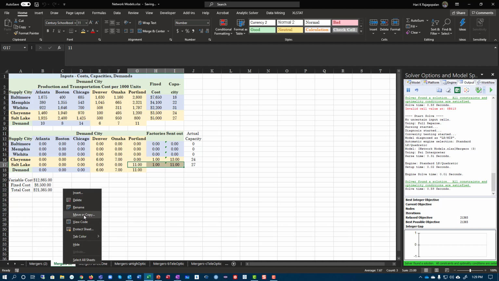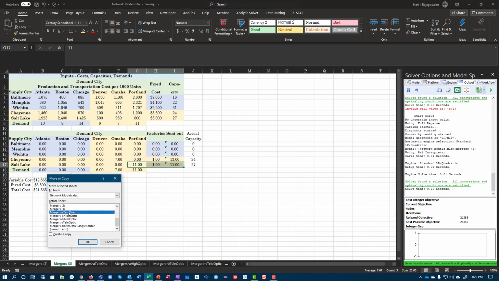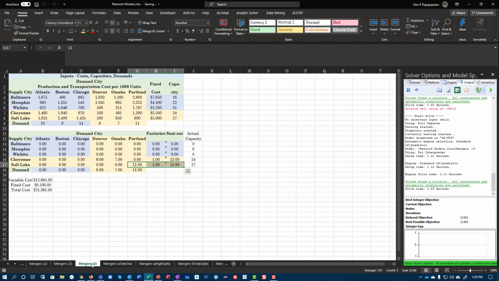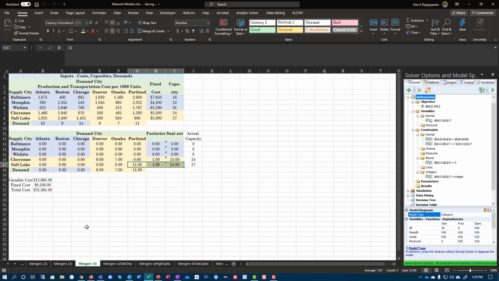Now let's copy it again, right? The next model assumes that we are merging together. So when things are merging together now, you have all 5 factories available. None of this is equal to 0, so delete that.